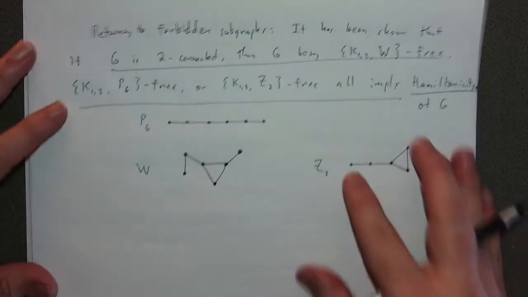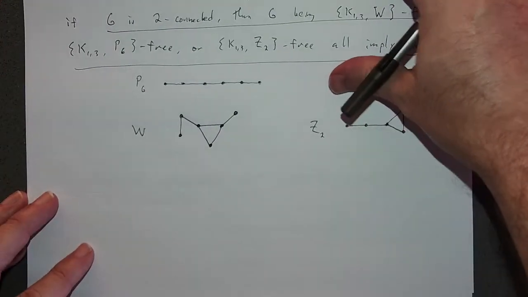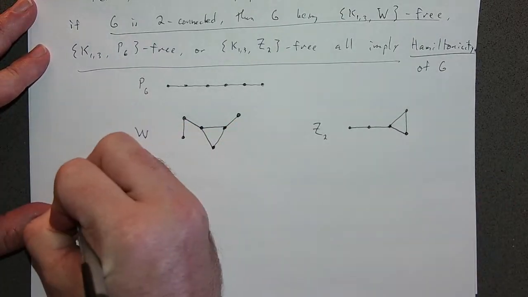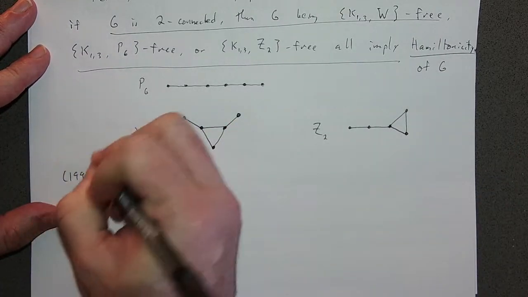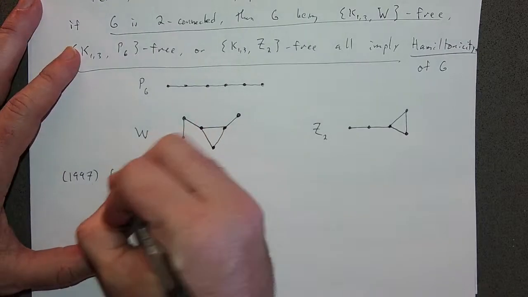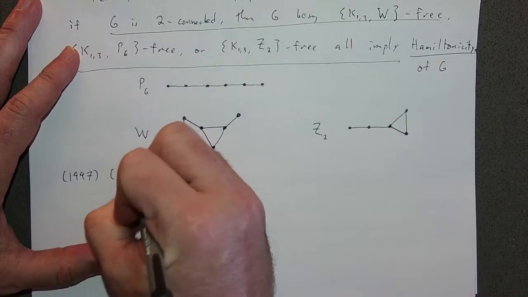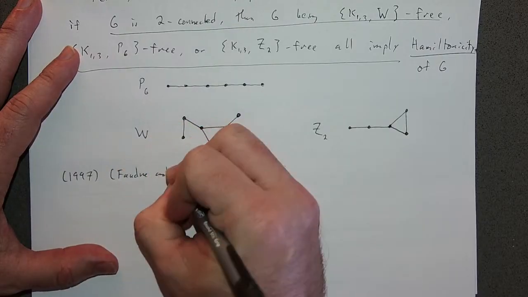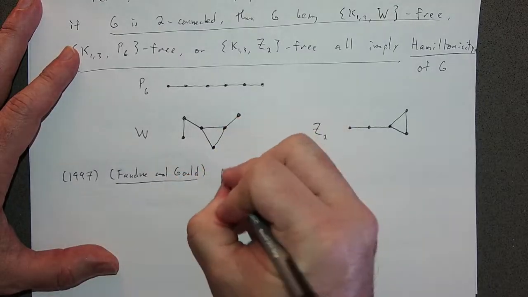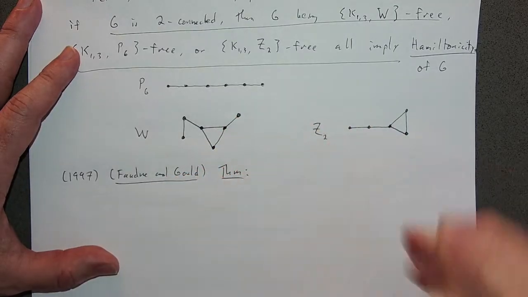Well, in 1997 it was shown that this was not merely a coincidence. This is a result from 97 due to Faudree and Gould. So here's the theorem.